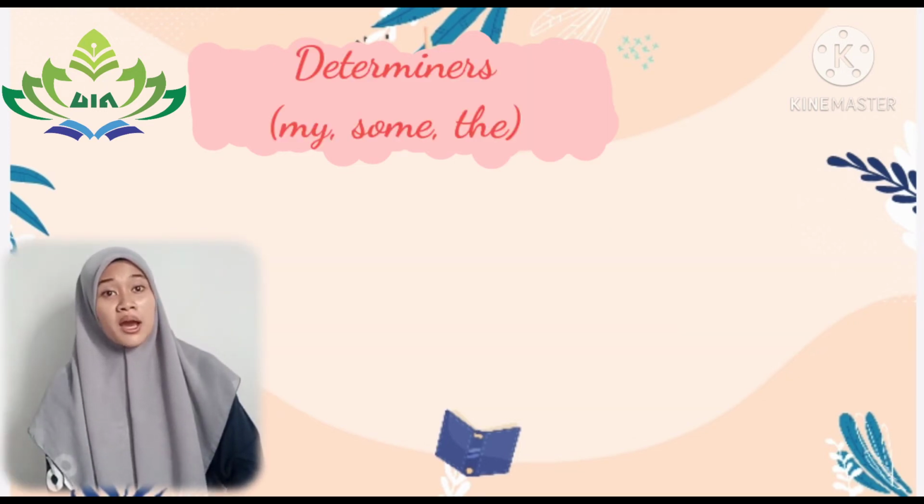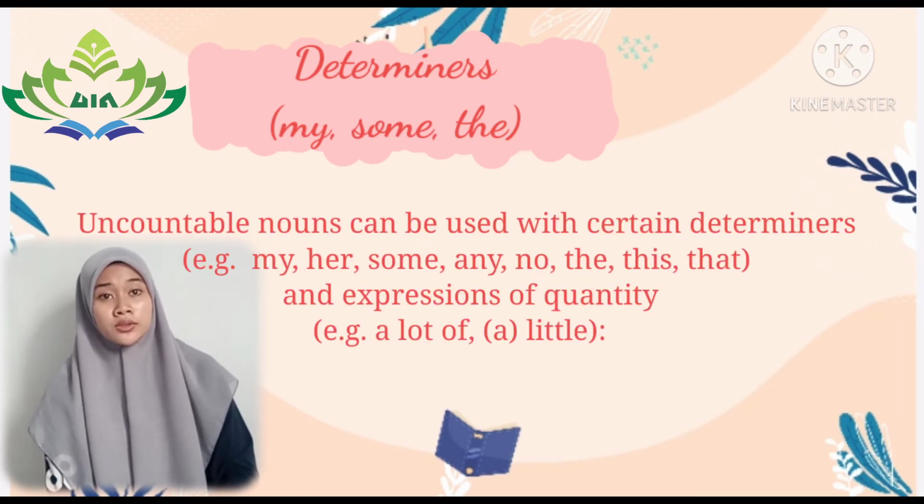Determiners: my, some, the. Uncountable nouns can be used with certain determiners. For example, my, her, some, any, no, the, this, and that. And expressions of quantity.